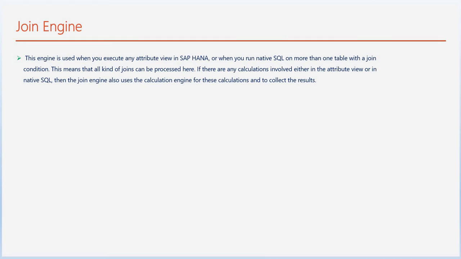But if there's any calculation involved, either in the attribute view or in the native SQL, then the join engine uses the calculation engine for this calculation and to collect the results. In other terms, an attribute view or join condition without any calculation involved uses the join engine.